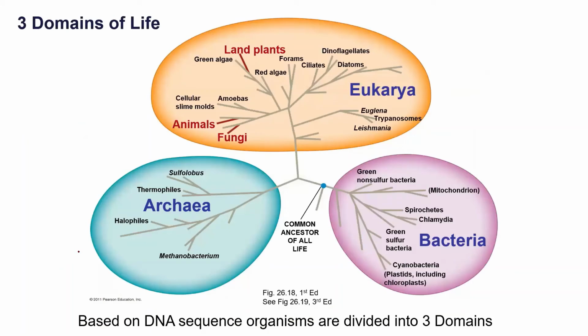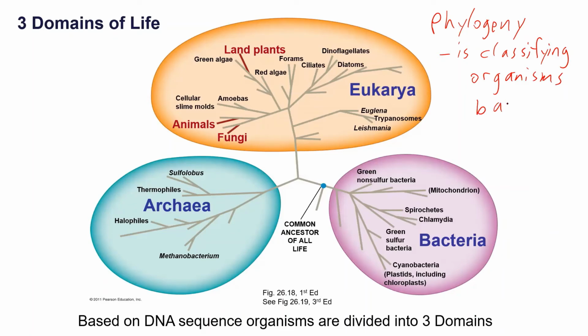So here are our 3 domains of life. And this particular diagram that you're looking at is called a phylogenetic tree. So phylogeny is worth defining. Let me put this in the corner here. Phylogeny. So phylogeny is classifying organisms based on, what's the word I'm looking for?